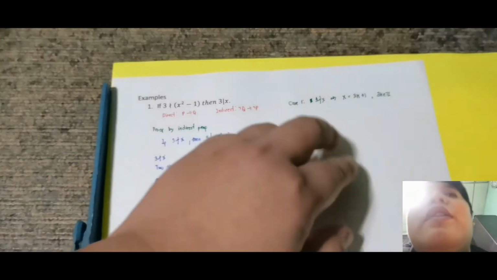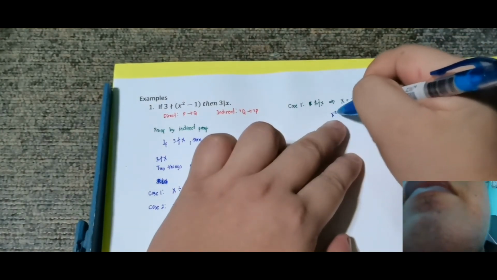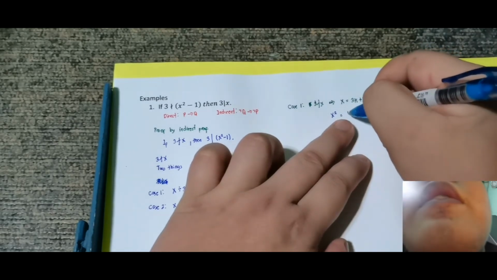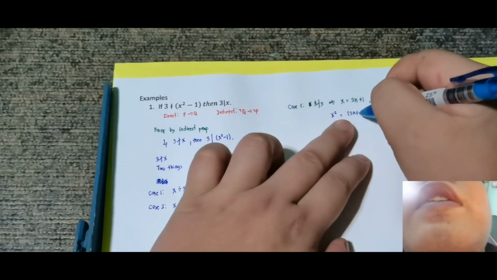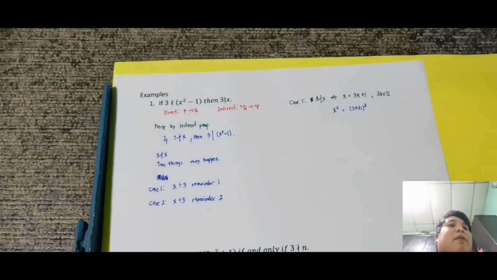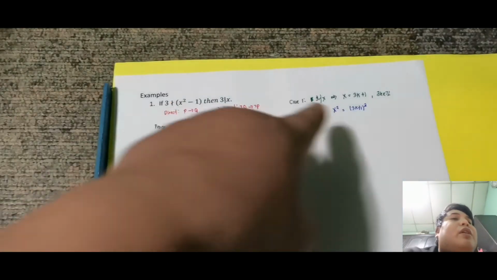So consider natin si x squared. Si x squared ay equal sa 3k plus 1 raised to 2. Tama? Kasi yung x eh. So i-raise ko lang siya sa 2.